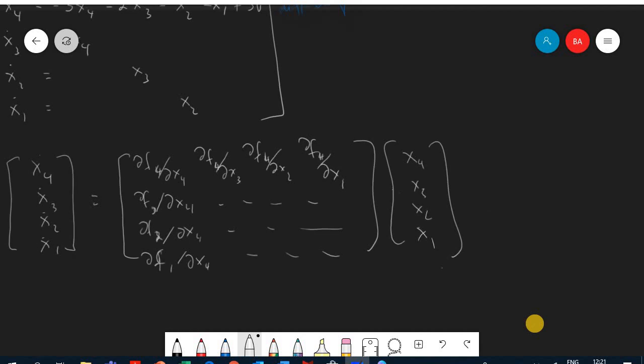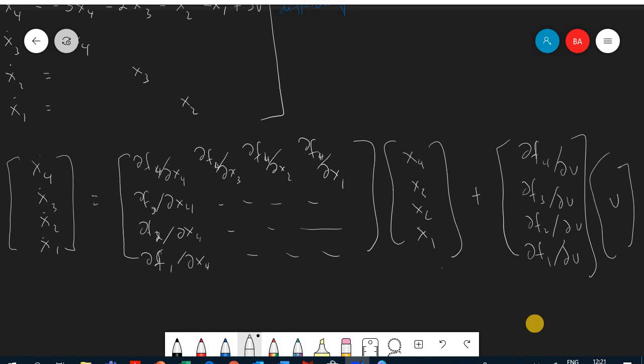And as you can see, before I substitute, let me just put the final part here. Now how many inputs do I have? Just one input, so it's df4 by du, df3 by du, df2 by du, and df1 by du, and that is multiplied by u.